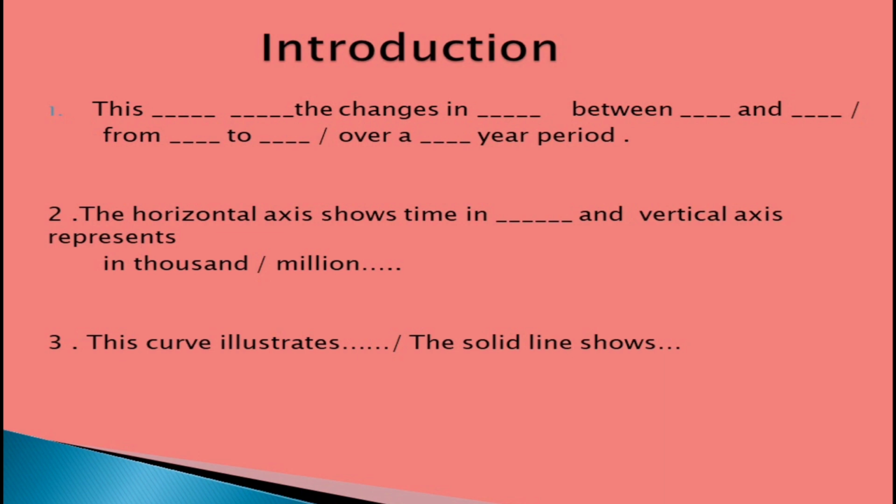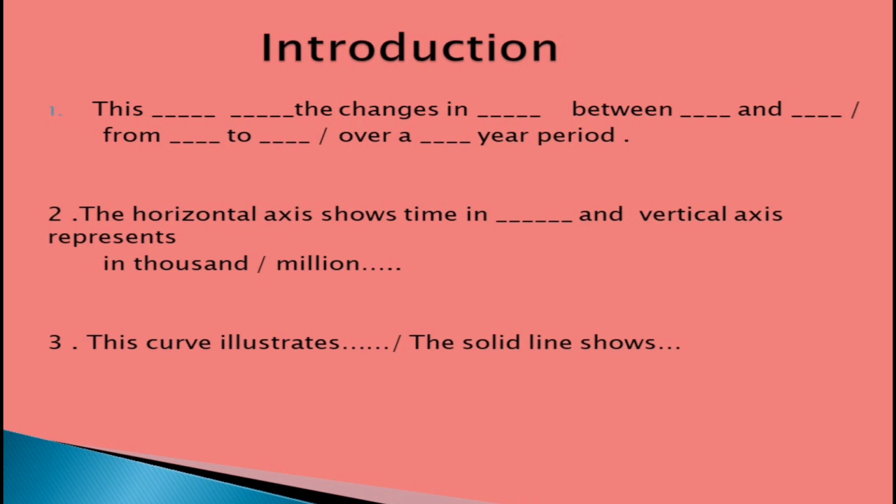First one, this. That means this graph or this chart, pie chart, line chart, bar chart, column, anything. The changes in the year between dash and dash. Or you can write from this year to this year, or you also can mention only the years like over 10 years, 5 years or anything, a year period.